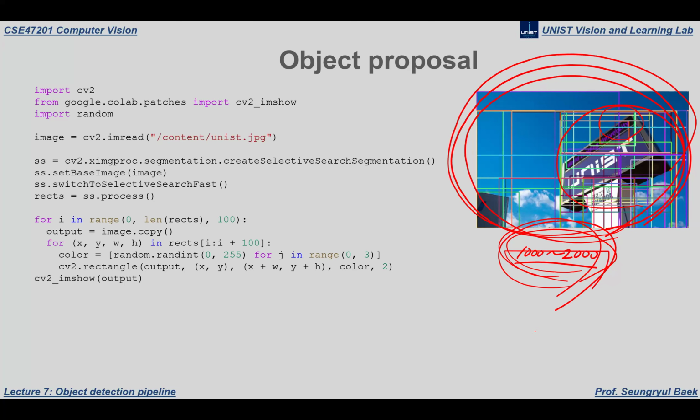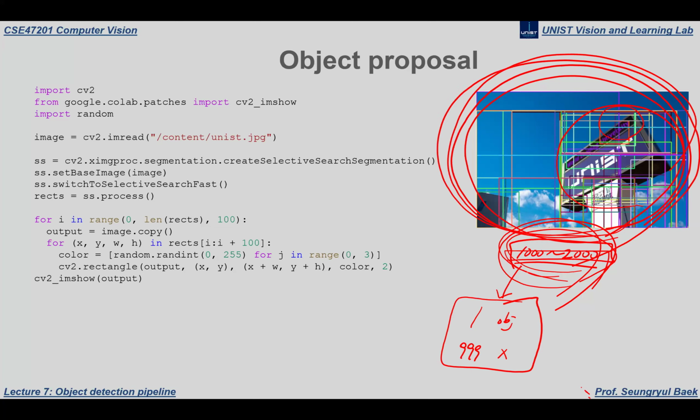So if among this large number of bounding boxes, let's say one has the object and all others do not, we are assuming that the CNN classifier can discriminate. The thing we want to achieve in this object proposal stage is to secure at least one bounding box containing the object. And later, using CNN, we can discriminate it from the others. Are you guys following this?